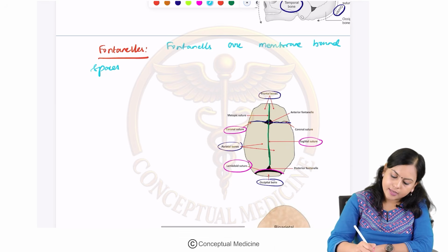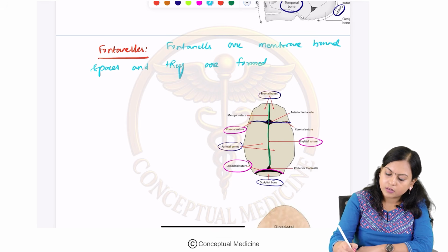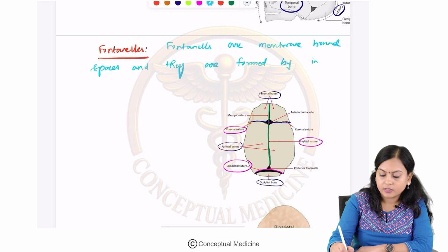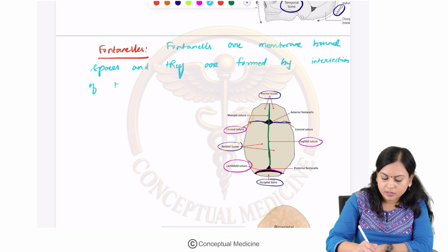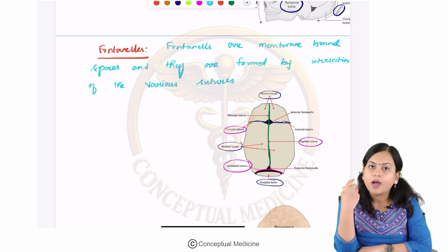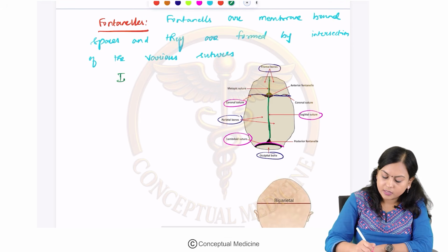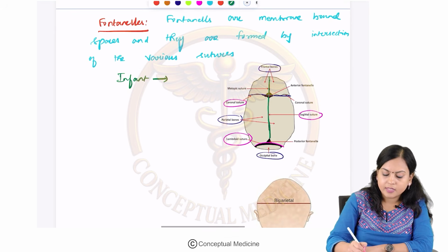Okay, and they are formed by the intersection of the various sutures. So at birth, an infant will have 6 fontanelles.